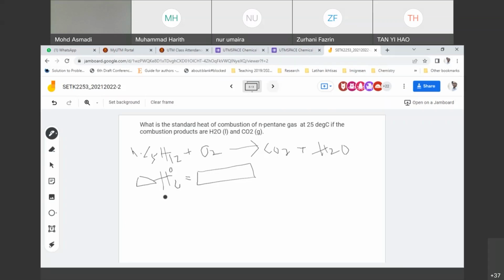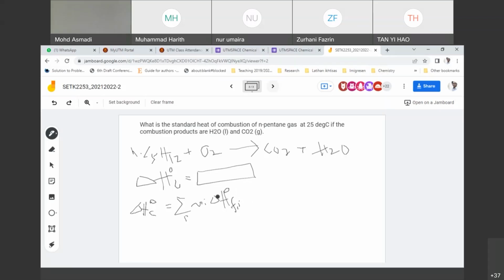So if you look at here, delta H combustion equals summation of nu i delta H f i. Okay, so please calculate.